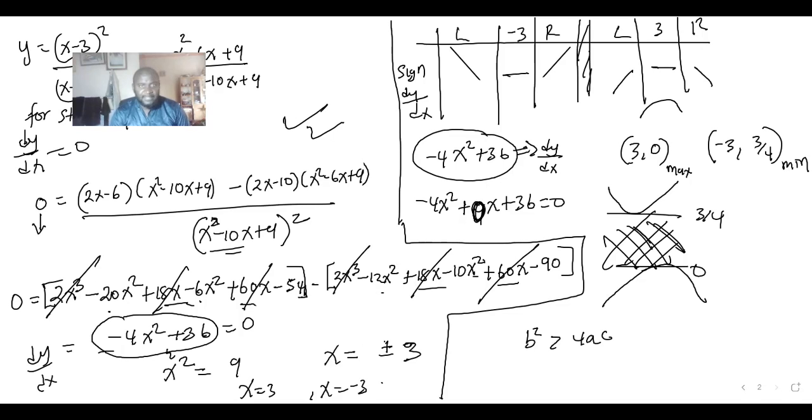You can try and say, the middle term is 0. Is 0 greater than 4 times negative 4 times 36? Yes. If 0 is greater or equal to 4ac, it means the curve has turning what? Points.